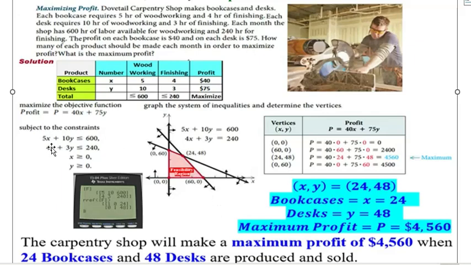Then you have 5x plus 10y less than or equal to 600, means below this line. And 4x plus 3y less than or equal to 240 means below this line. That means the feasibility region is above the x-axis, to the right of the y-axis, below this line and below this line.